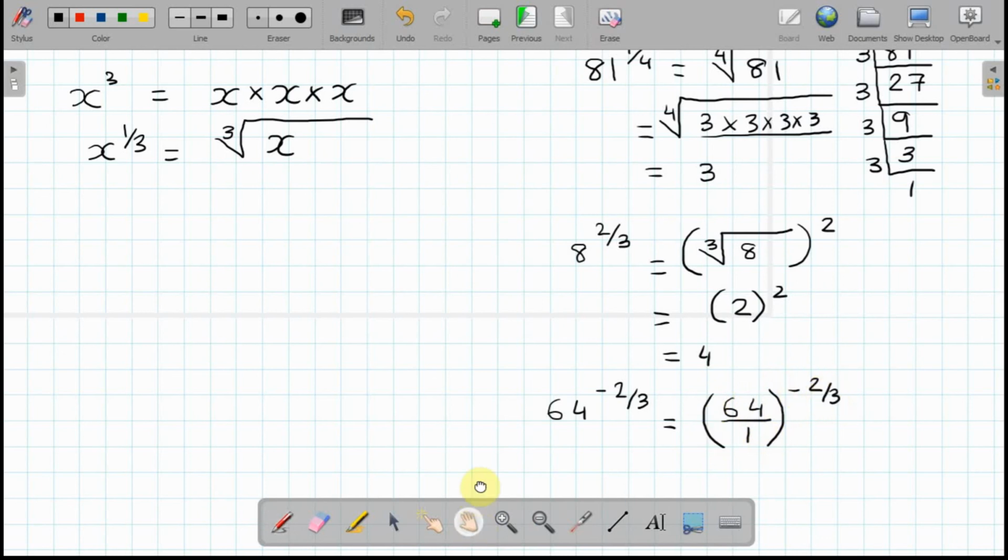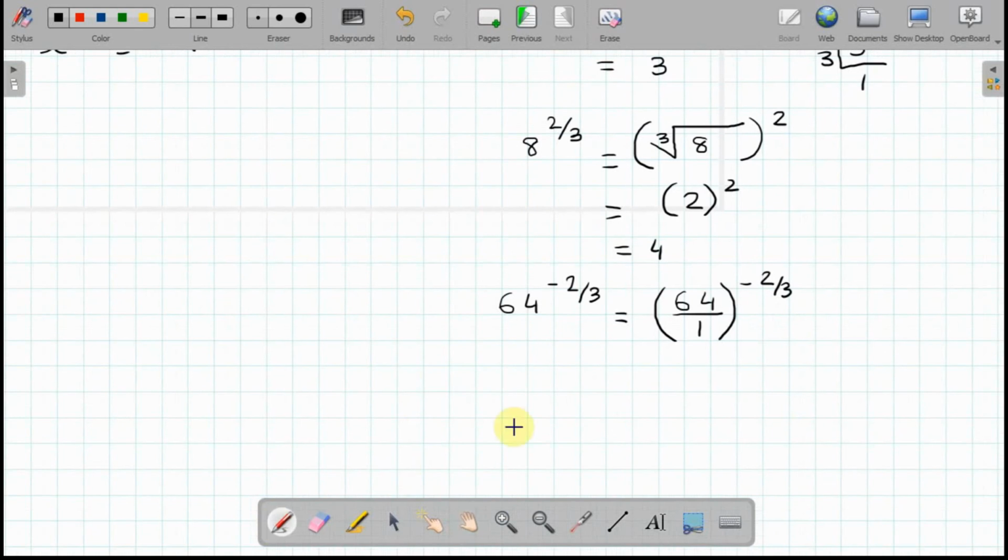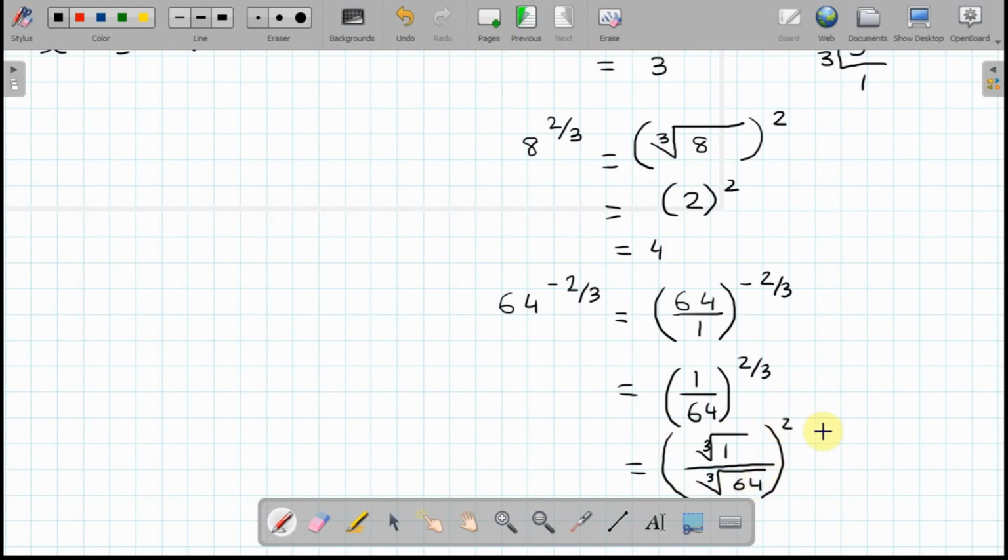Then to get rid of the negative power, I would write it as the reciprocal, so 1 over 64 to the power 2 over 3. Then I cube root both the numerator and the denominator, which will give you 1 over 4 to the power 2.